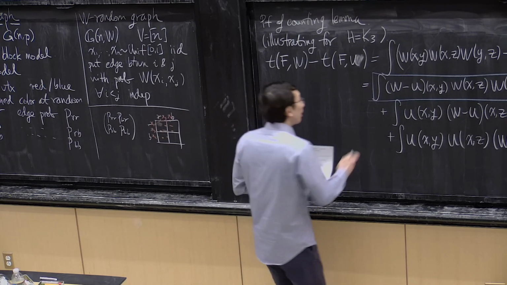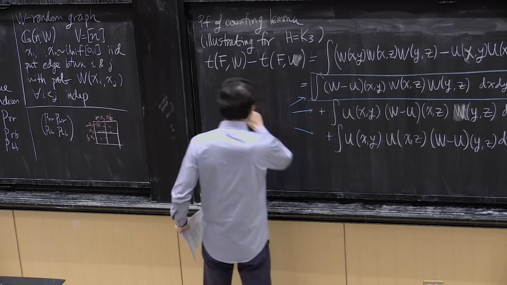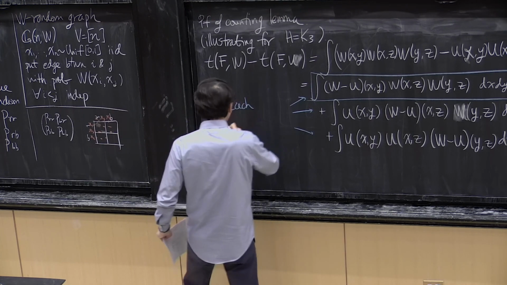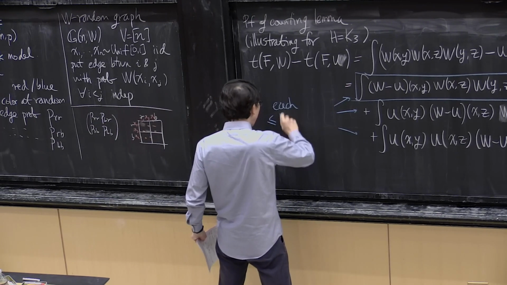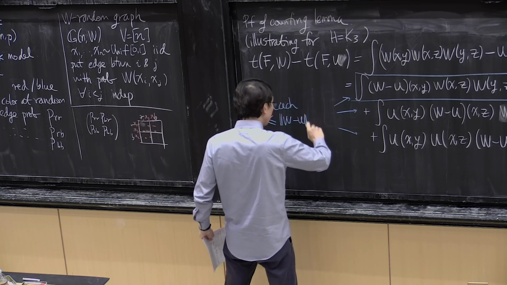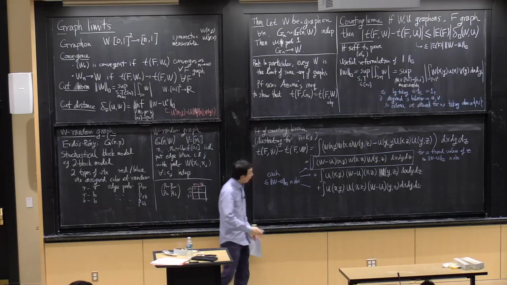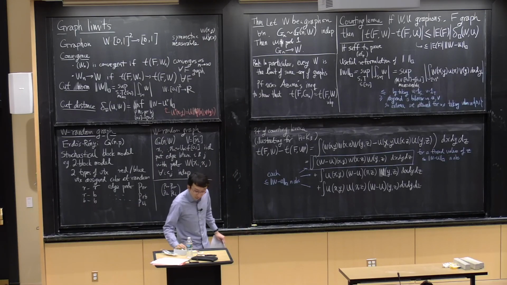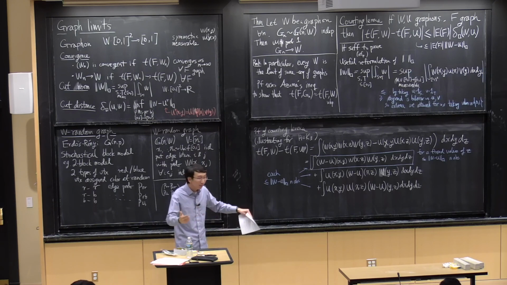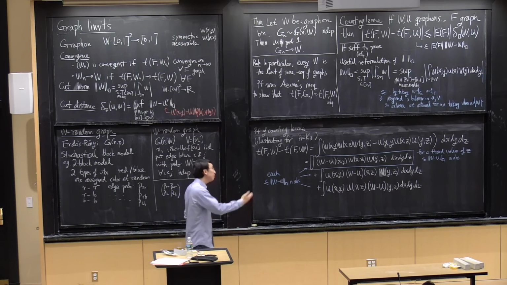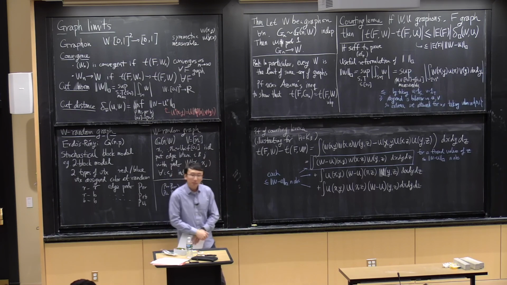Therefore, each term is bounded by the cut norm of W minus U in absolute value. Add all three of them together, and we find that the whole thing is bounded in absolute value by 3 times the cut norm difference.